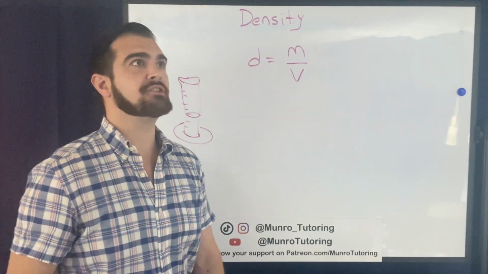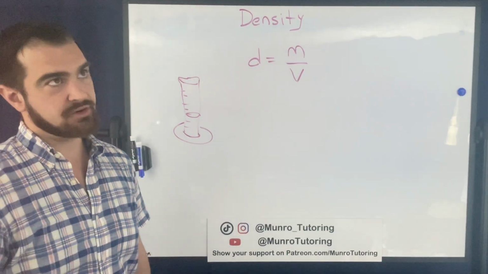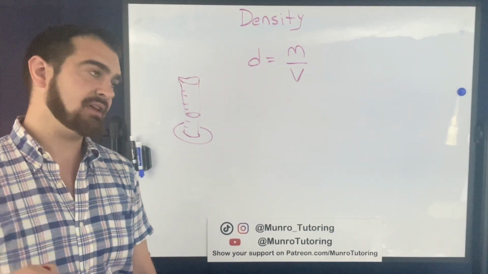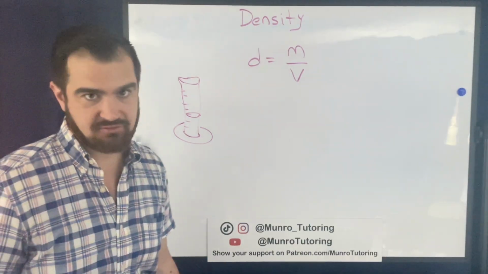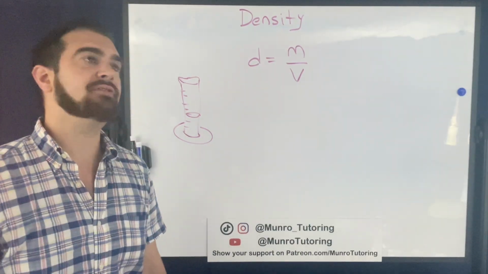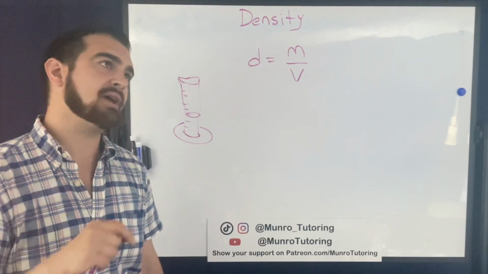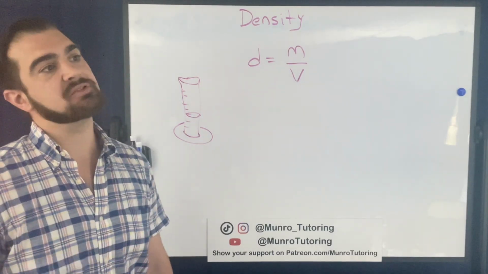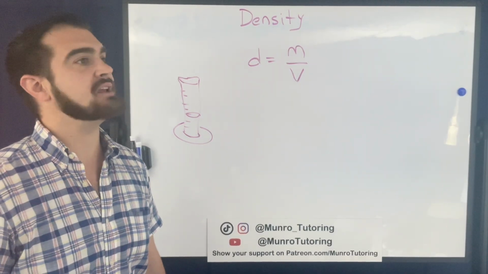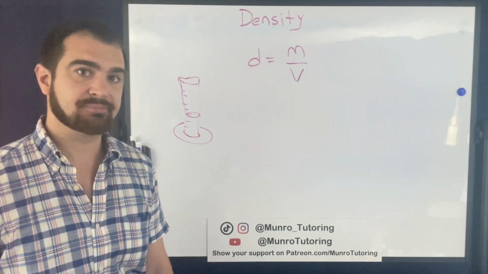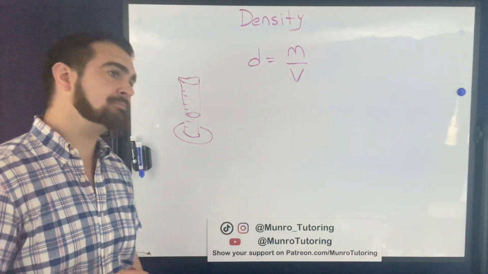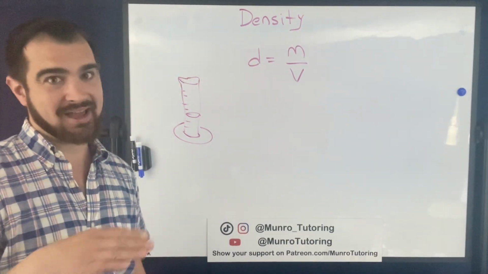The mass of the graduated cylinder and the water was initially 100 grams, and after dropping the mass of metal into it, it went up to 120 grams, okay?